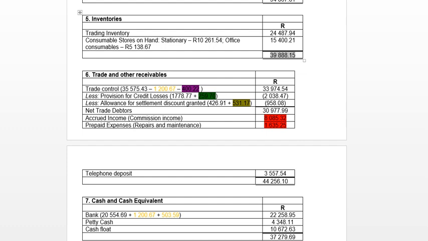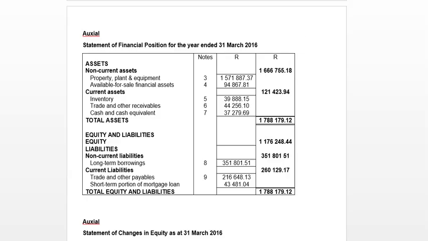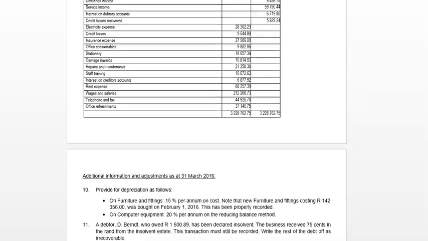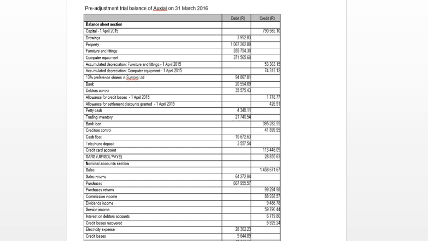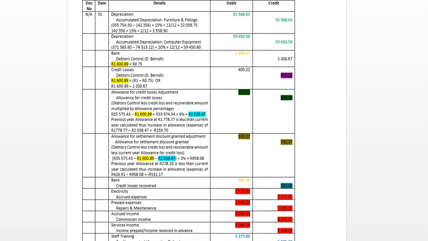59,888.15 cents. Then our trade and other receivables, there we look at our balance for trade debtors of 35,575.43 cents. Remember, we had this Mr. D. Burnt.